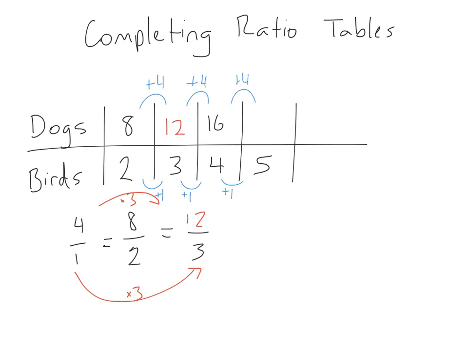What's 16 plus 4? 20. Do it here again, add another 1, so that'd be 6. Add another 4 up there, and that'd be 24. What you can tell is that every single one of the ratios that come out of this table, 24 to 6, 20 to 5, 16 to 4, 12 to 3, 8 to 2, actually all simplify down to 4 over 1. All of these are equivalent ratios.